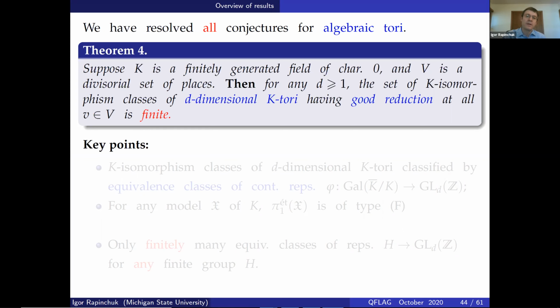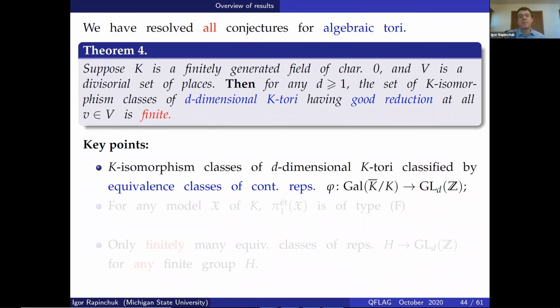Okay, so let me just mention a few things that go into the proof. First of all, it's well known by general theory that the K-isomorphism classes of d-dimensional K-tori are classified by the equivalence classes of continuous d-dimensional integral representations of our absolute Galois group.